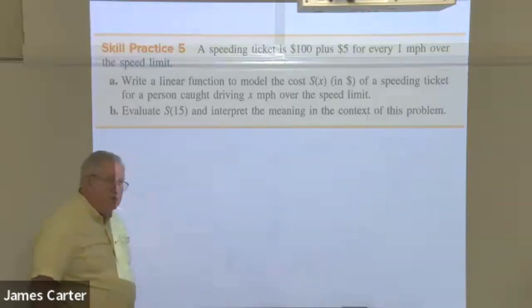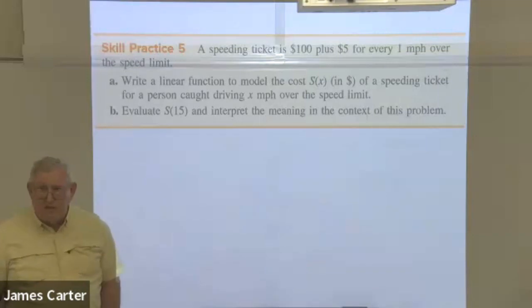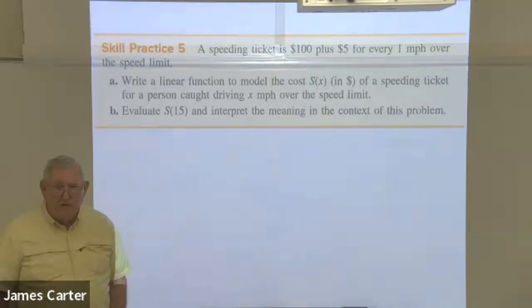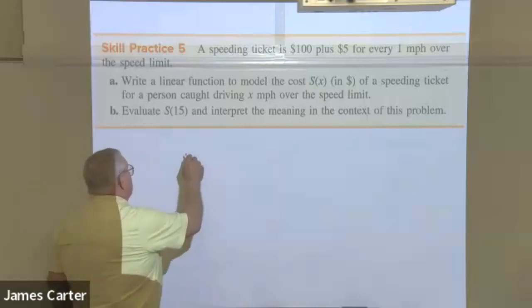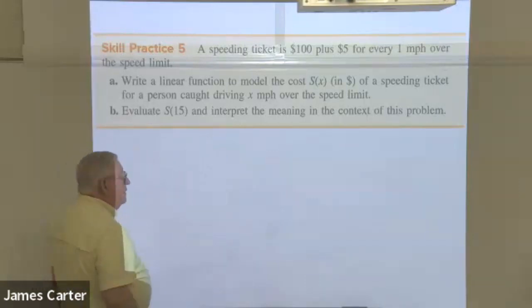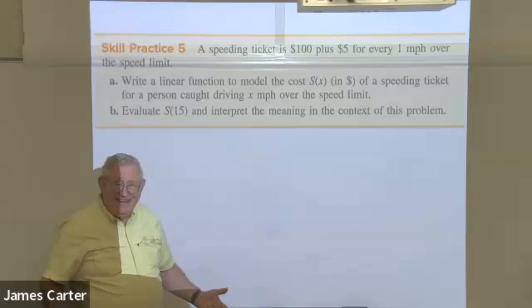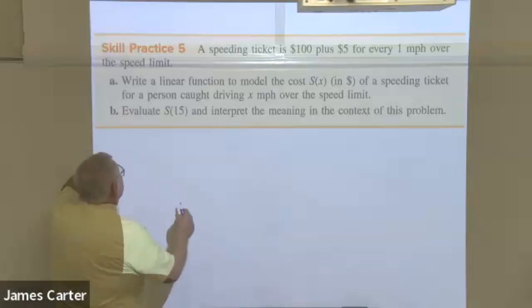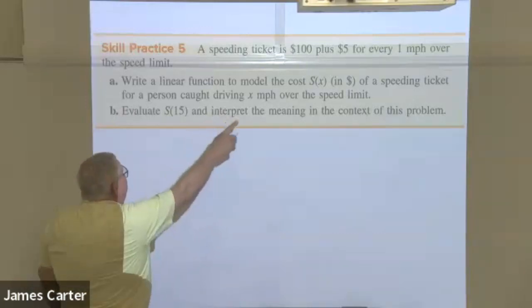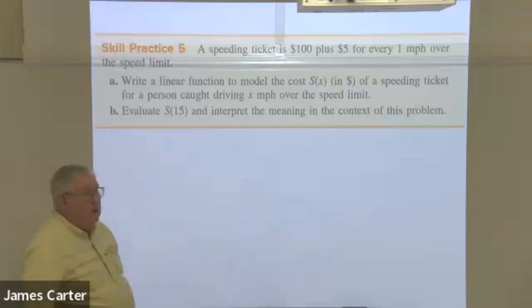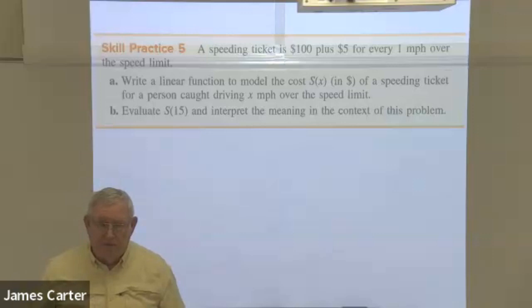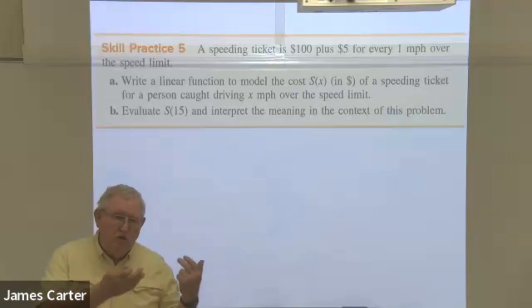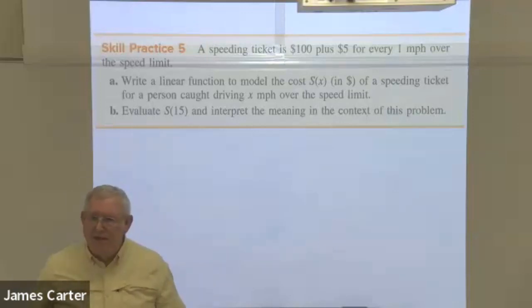Never mind the fact that my GPS said the fastest speed I'd driven was 45. He didn't care. I think his radar gun got somebody else. But anyway, nobody's guilty, right? Everybody's got an excuse. The fees that I was charged were 130 plus 5 in my ticket. But we'll just go ahead and do this one, and then we'll figure out mine.